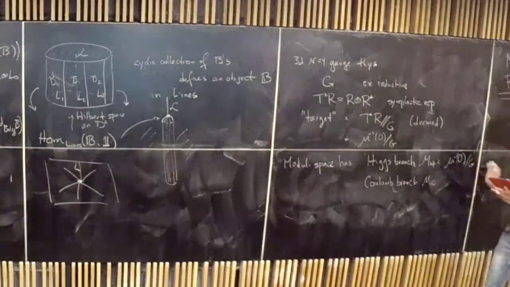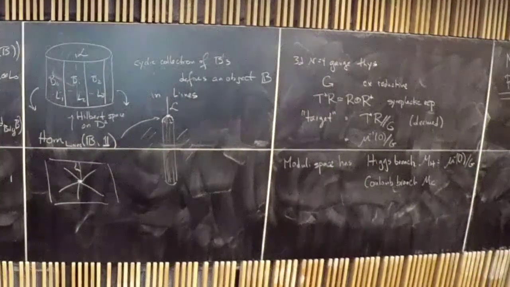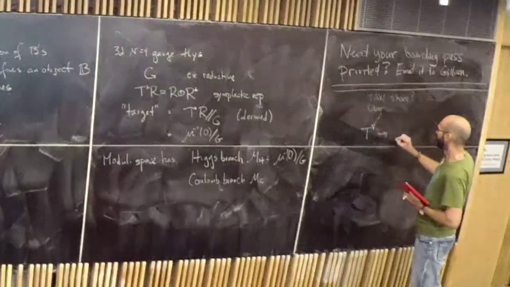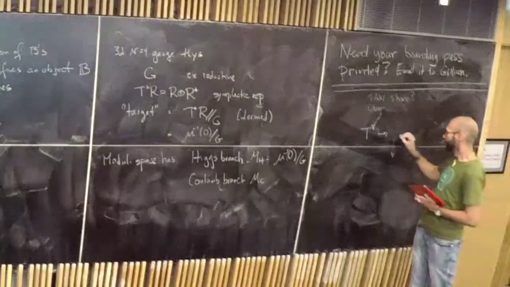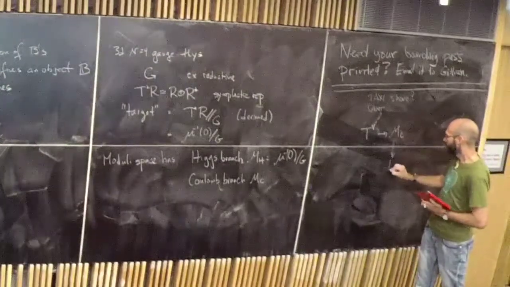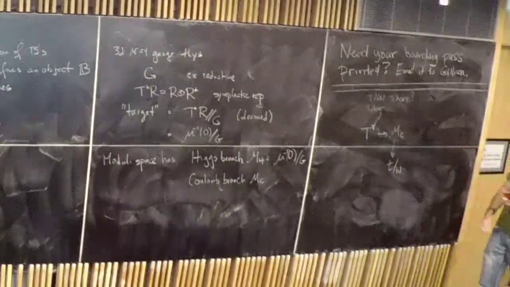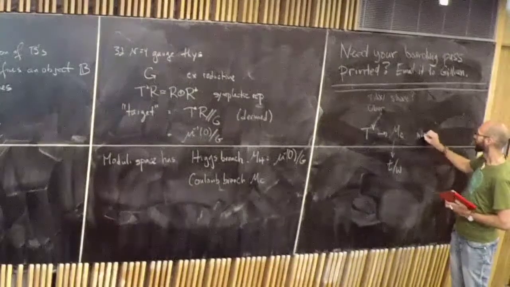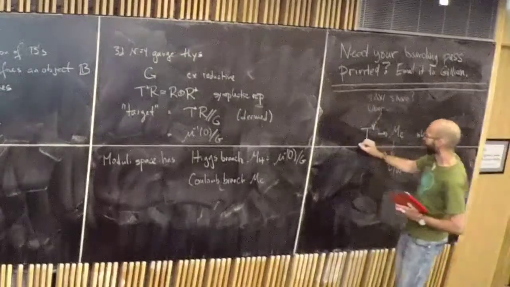For what it's worth, structurally, the Coulomb branch always looks like a complex integrable system over a base that's T mod W, whose generic fibers are dual complex tori. And this is generic.